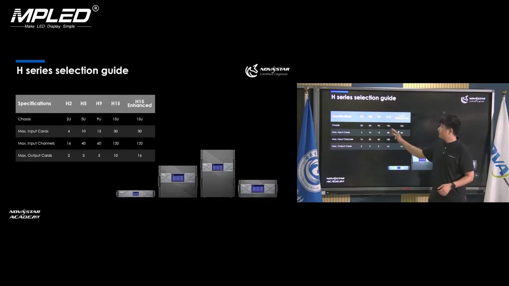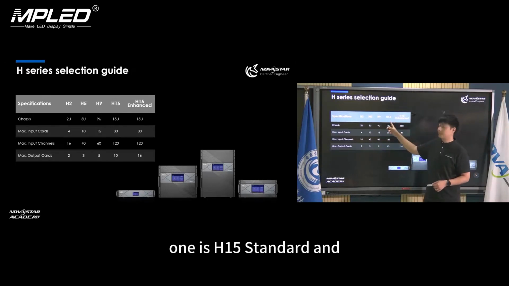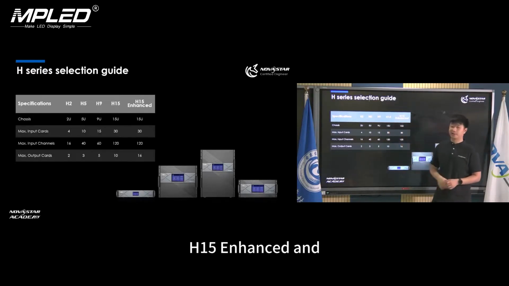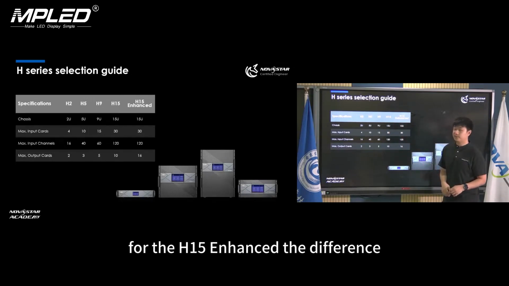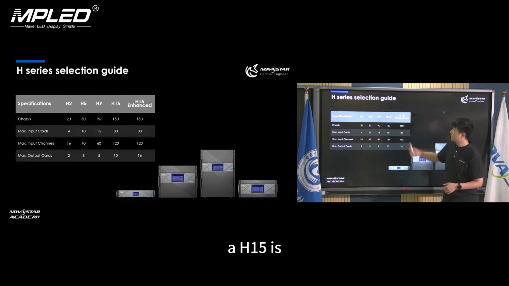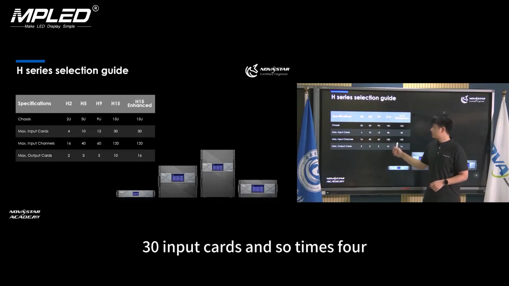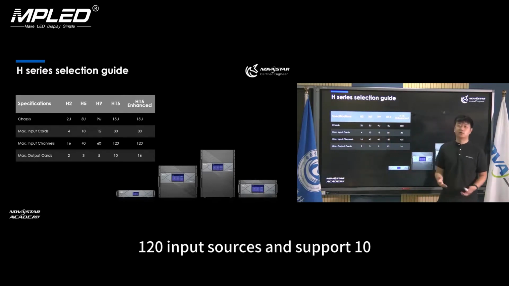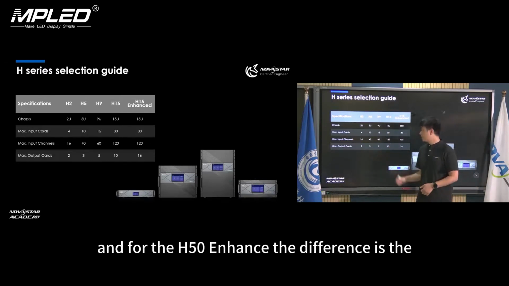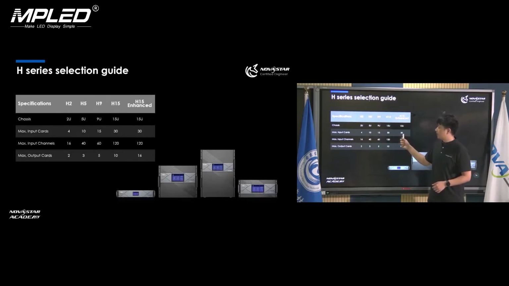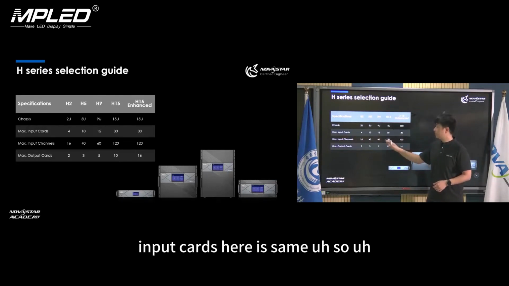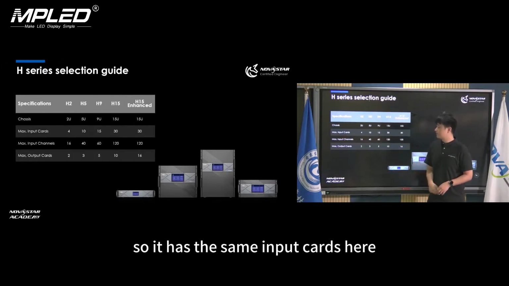And there's one thing: for H15, there are 2 different versions. One is H15 standard and one is H15 enhanced. H15 supports a maximum of 30 input cards, so times 4, 120 input sources, and supports 10 output cards. For the H15 enhanced, the input cards are the same, so it has the same input cards here.